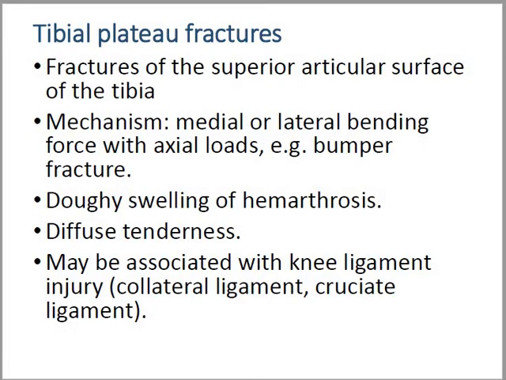We said this force will cause twisting or bending of the knee at a certain angle, and this bending force can lead to injury to the ligaments also, like cruciate ligaments and collateral ligaments.